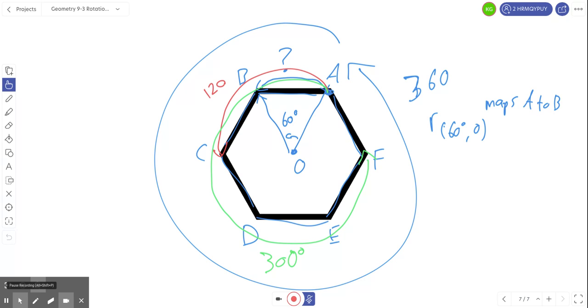So we can find all sorts of different ways in these types of shapes to map one point onto another. If you divide the shape up into sections, you can look at how many sections there are and how many degrees each one would be to help you figure out which point maps to which position.